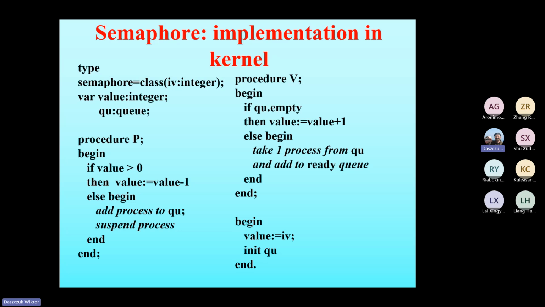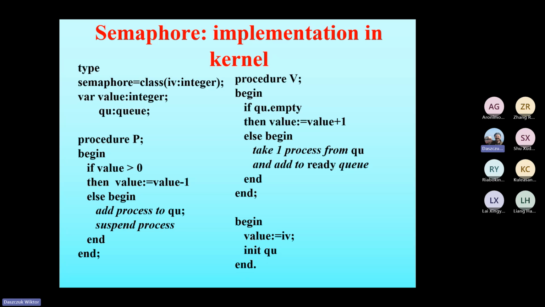If there are no useful processes, an idle process will be chosen. So we cannot say that the process that entered P suspends. No, the process that enters P rebuilds itself to be a kernel process, and the kernel process suspends the user process and chooses another process. Kernel process, not user process. Oh, it's very important to understand.